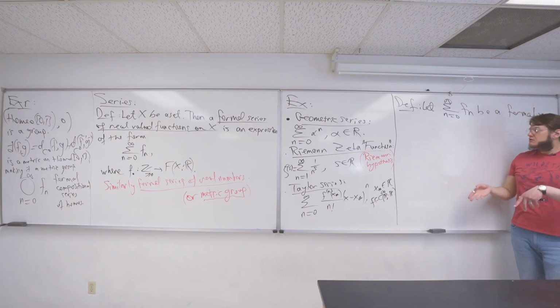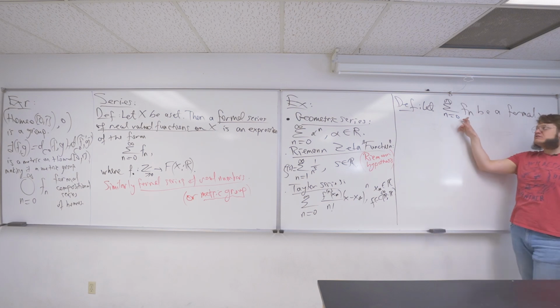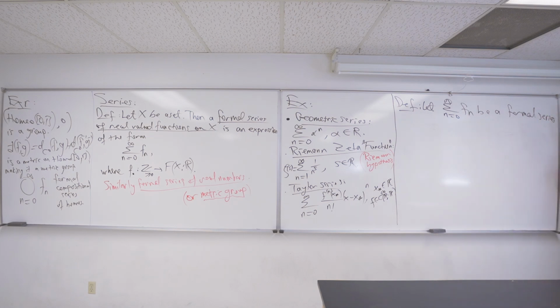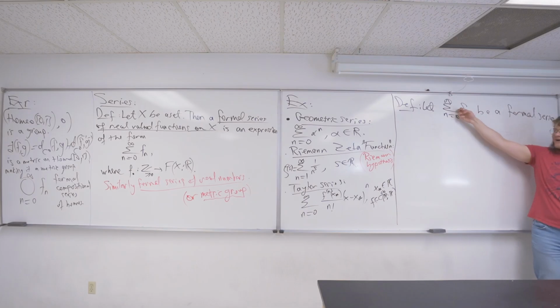Call this convergent if that sequence of partial sums converges, and define this to be the limit.